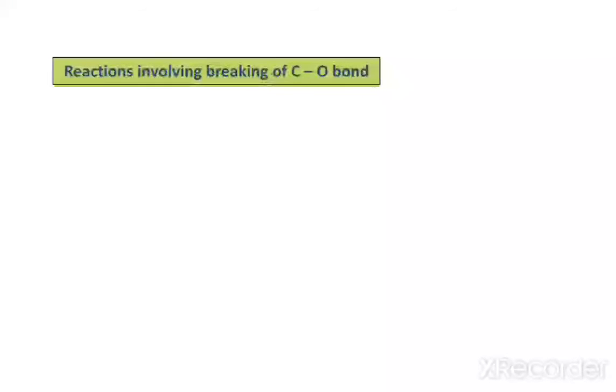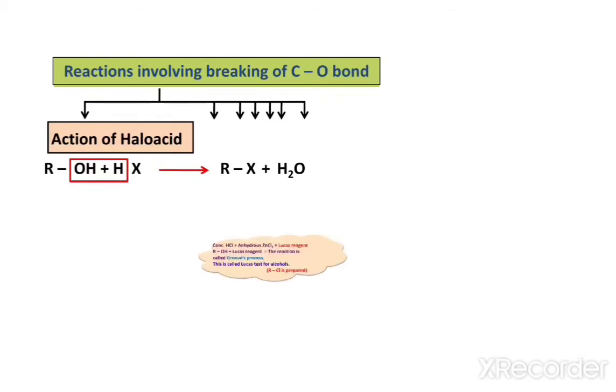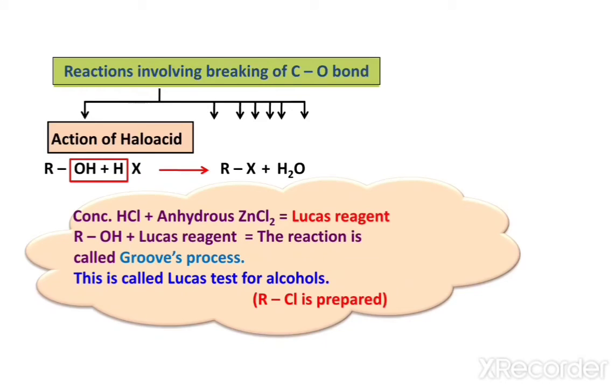Okay, the reaction involving the breaking of the CO bond. Here, the action of haloacids: ROH plus HX, with removal of a water molecule, and we get RX plus H2O. Most important, I have repeated, concentrated HCl plus anhydrous ZnCl2 is called the Lucas reagent.